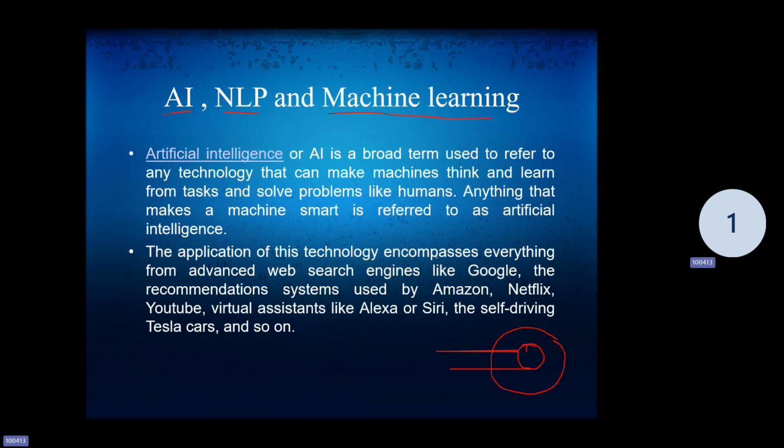Anything that makes a machine smart comes under the umbrella of artificial intelligence. The applications of this technology encompass everything from advanced web search engines like Google, the recommendation systems used by Amazon, Netflix, and YouTube, virtual assistants like Alexa and Siri, the self-driving Tesla cars, and so on.